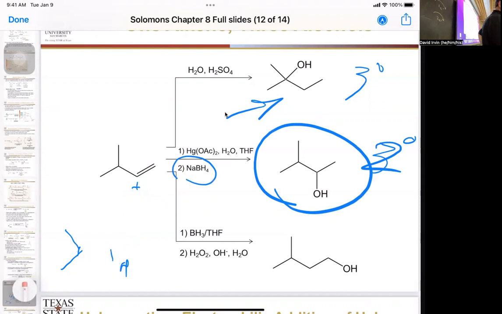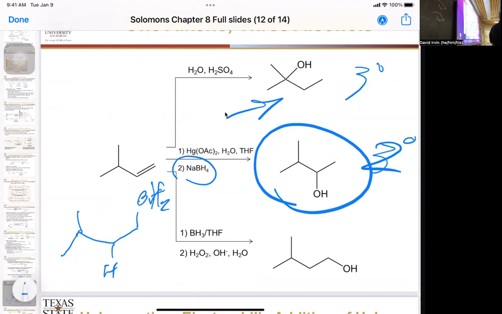And then, selectivity-wise, we can go for the hydroboration, where our intermediate has boron right here, with two hydrogens on it. And our first hydrogen is added here. Again, boron is less electronegative than hydrogen, therefore it follows Markovnikov's rule. But if you think about it as anti-Markovnikov, that's fine.